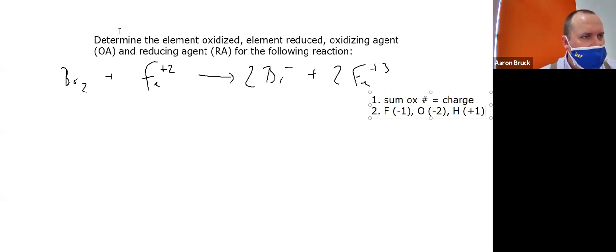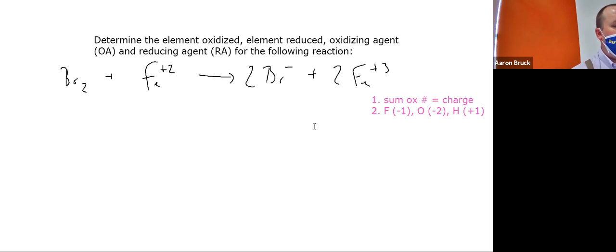So to that end, for the bromine, I've got bromine as an element with no charge. The oxidation state for the bromine is in fact 0.